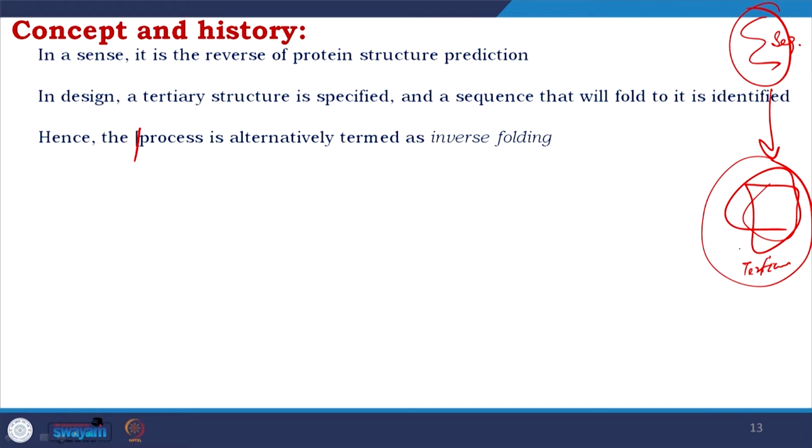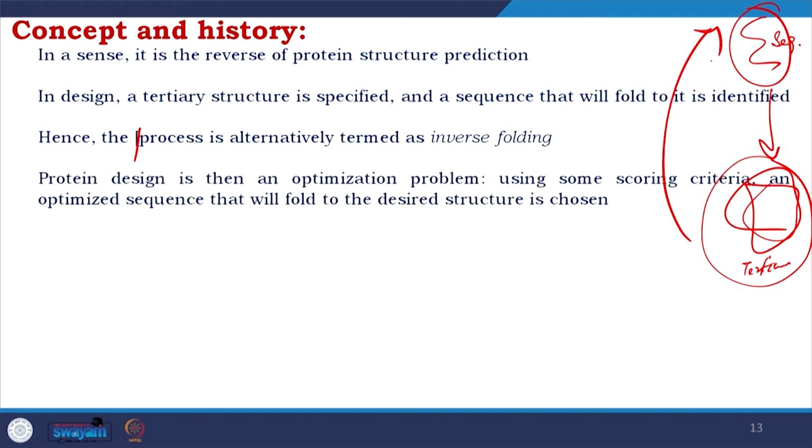So, this is folding, this is inverse folding. Protein design is then an optimization problem using some scoring criteria. An optimized sequence that will fold to the desired structure is chosen. So, here we have the sequence and we want to get the folded information. Here we take a folded structure and get a score for the sequence which will give that.